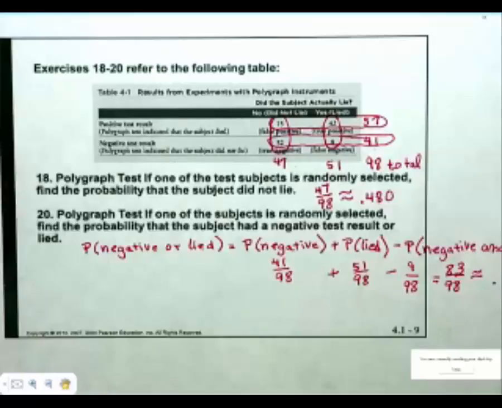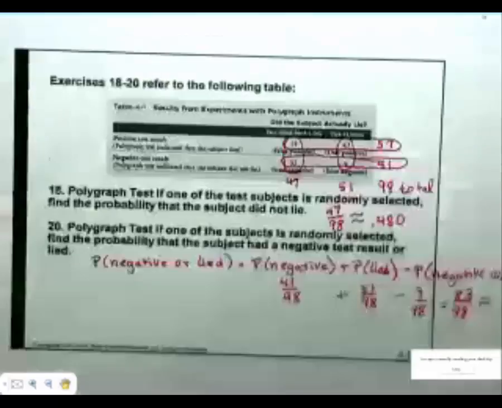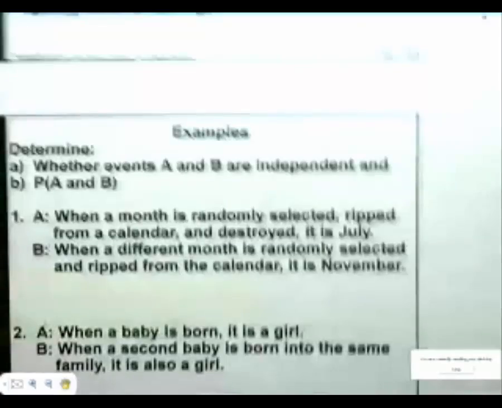You could just add up the negatives and then add the 42 to it without adding the 9 again. Either you really added the 9 twice, so you have to subtract it off once, or you just don't add it twice to begin with. All right, this plus that would be the number who were negative or lied. We can do the same thing here, save ourselves just a little bit of time on number 30.